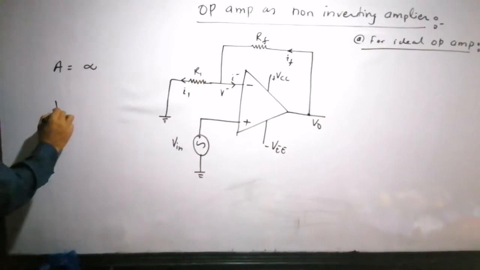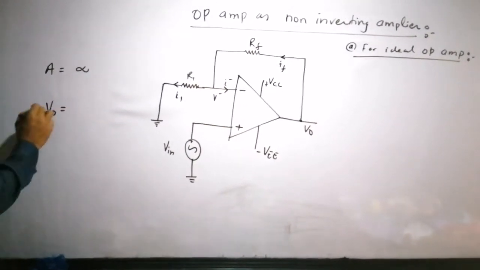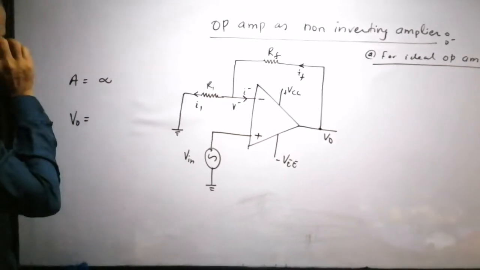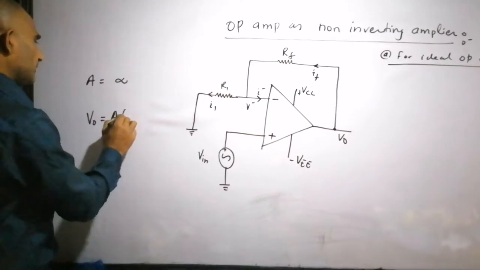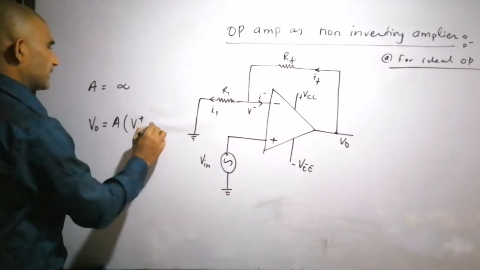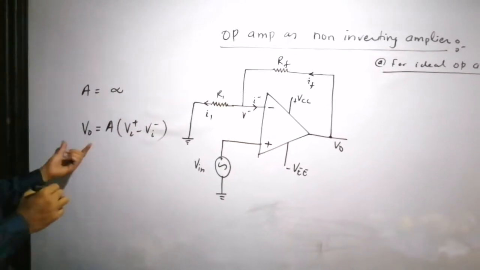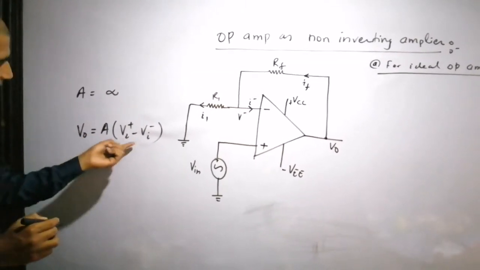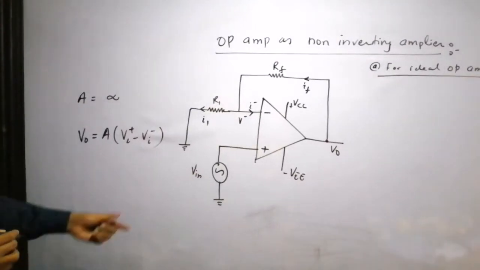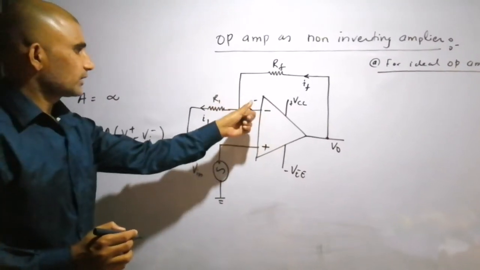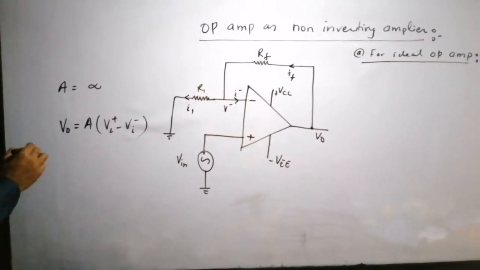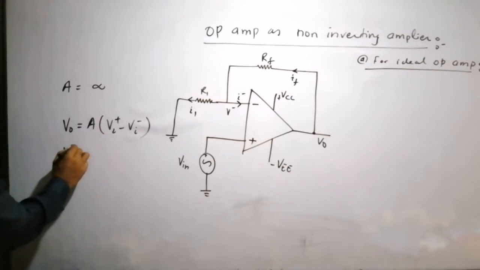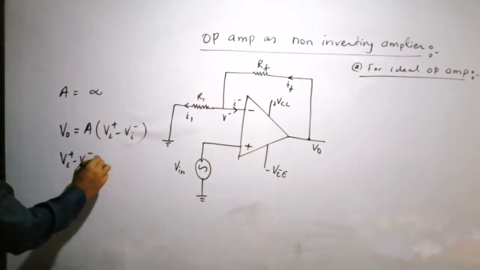So we can say that the output of the operational amplifier is A times (Vi plus minus Vi minus). If A is the gain, then the output will be the gain times the difference of the two inputs, inverting and non-inverting.